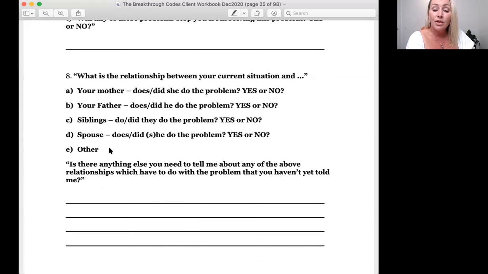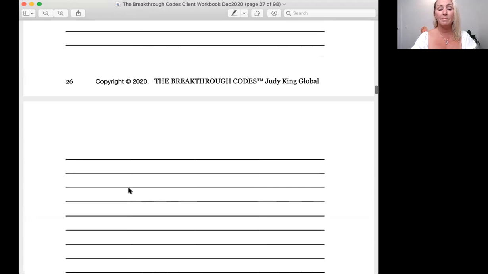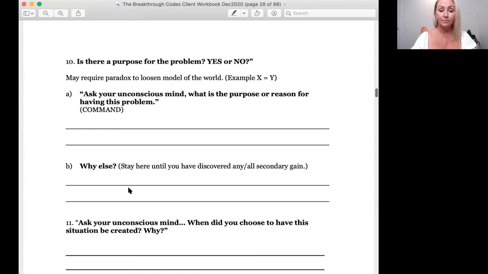And if it was not a learned behavior, then I would most likely stop and reconvene, because NLP, the work that we do as coaches, is working with learned behaviors, and the majority of behaviors are learned behaviors. So yeah, if that was to happen, then you would probably stop there.